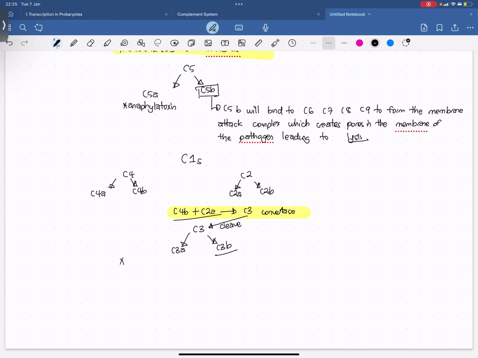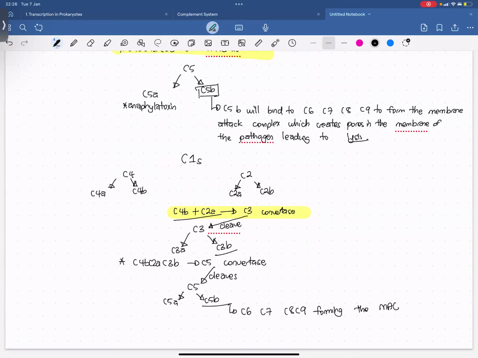So you're going to have C4b, C2a, C3b, leading to C5 convertase, which cleaves C5 into C5a and C5b. C5b binds to C6, C7, C8, C9, forming the membrane attack complex, leading to lysis.